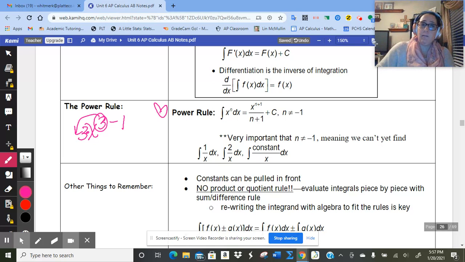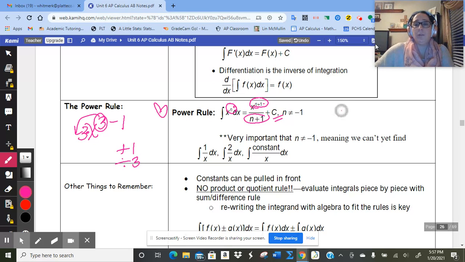Instead of multiplying and then subtracting, I have to add and then divide. So the first thing I'm going to do is say, what's my power? And I'm going to add 1 to it. Then I'm going to divide by whatever that new power is. And we always have to have our constant of integration.